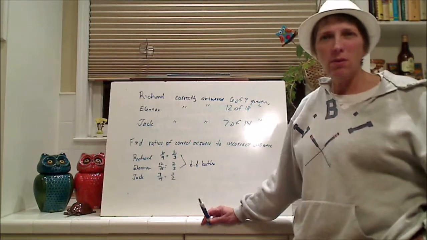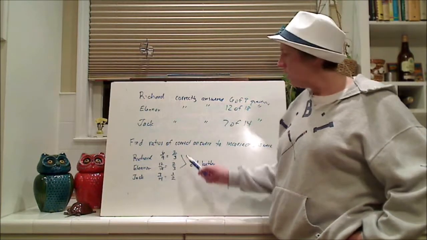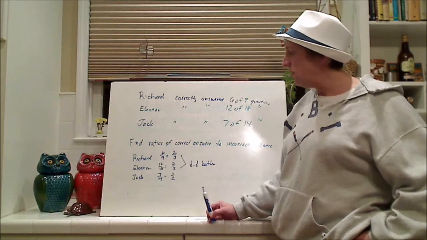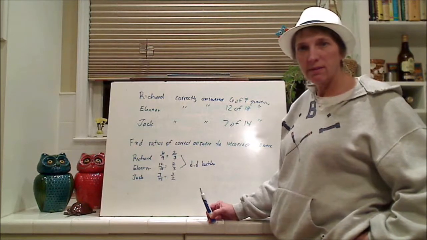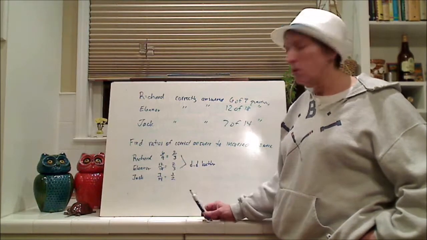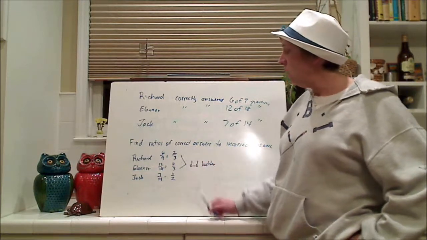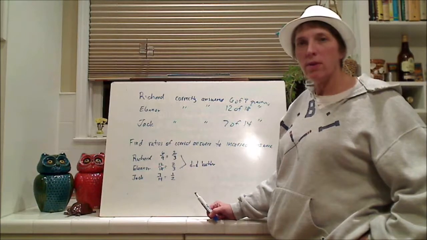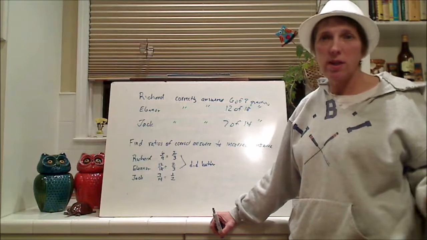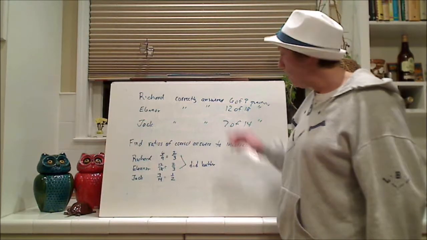Who's got the better score? Richard and Eleanor, because out of every 3 answers they get 2 correct and 1 incorrect. Jack is 50-50.